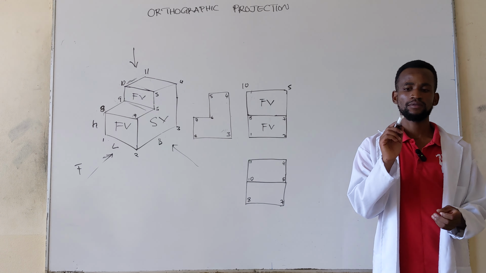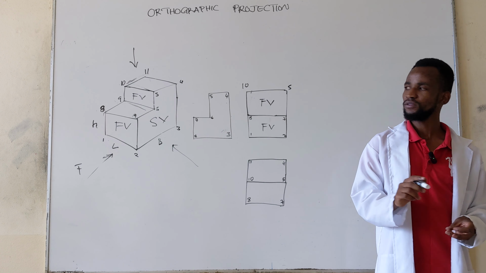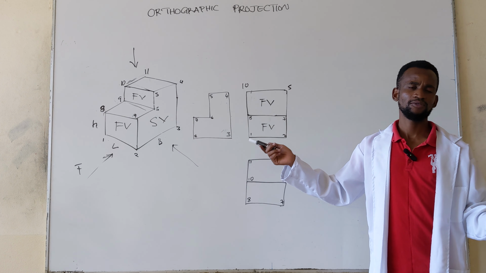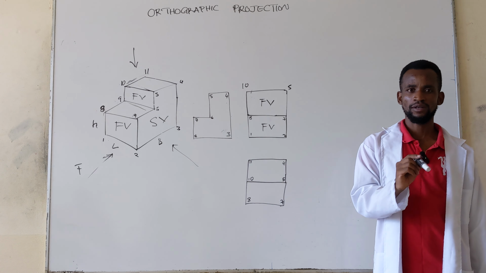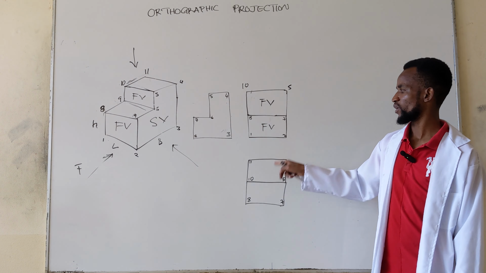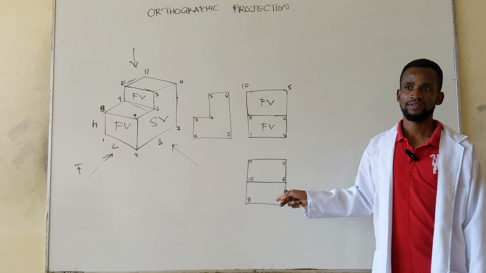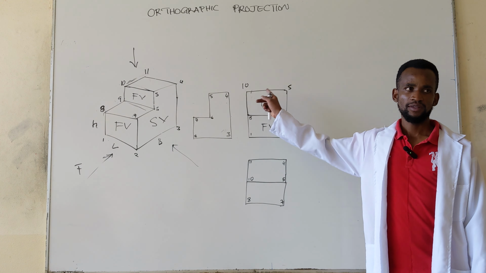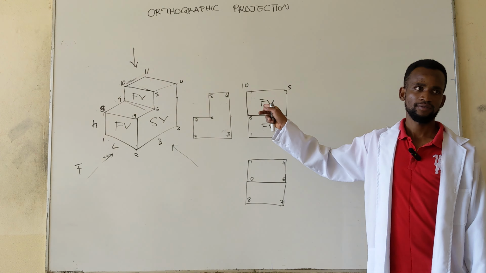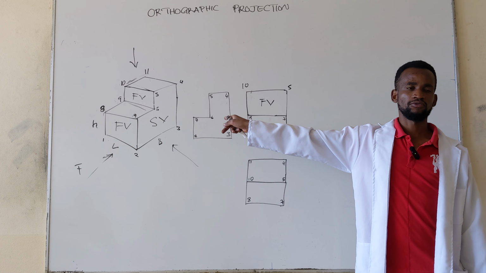But to answer your question, you can start with anything, but it's not correct for you to start with the end, because the end will produce itself. It will get the measurements from this. So you can start with either this or that, and then you go to the other.